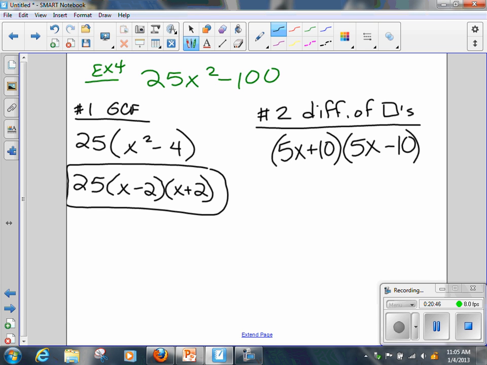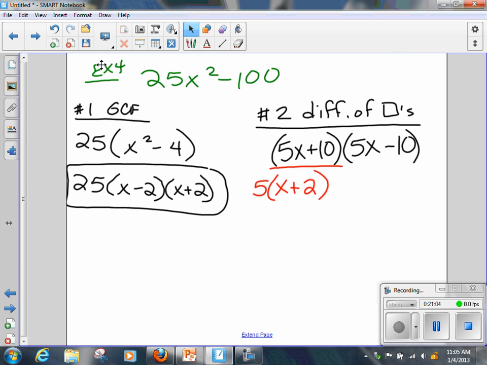Now you got to take out a 5 from both quantities, right? Because isn't the GCF of 5x plus 10 5? So 5 times x plus 2, right? And then don't I have to do the same thing over here with 5x minus 10, yes or no? Take out a 5 times the quantity, x minus 2.